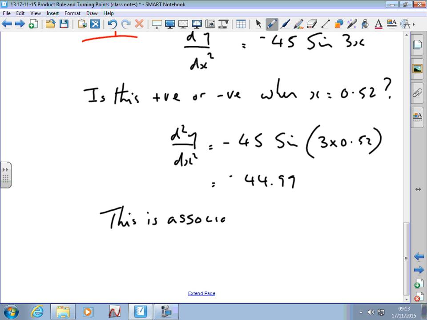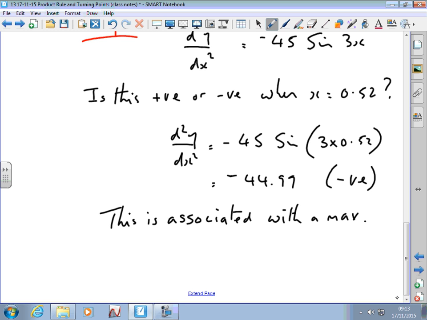So we've got a maximum value when x equals 0.52. It's negative. That's step 3.